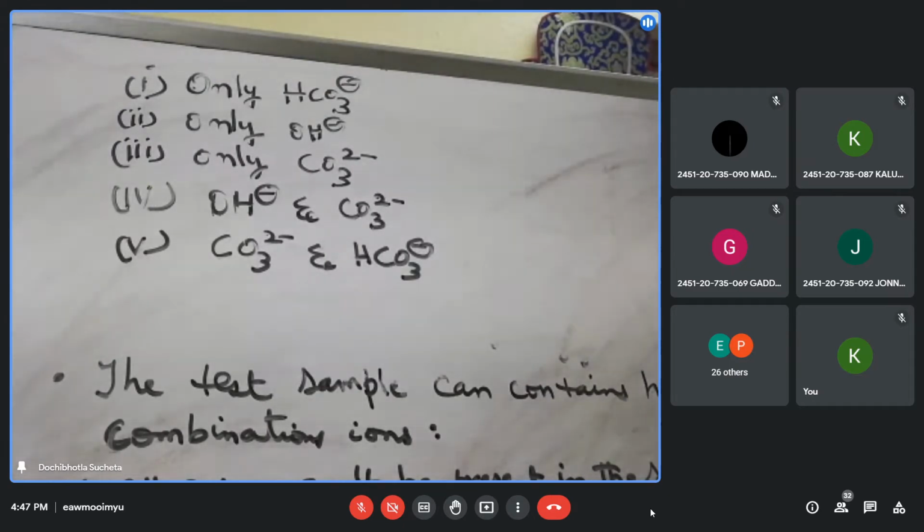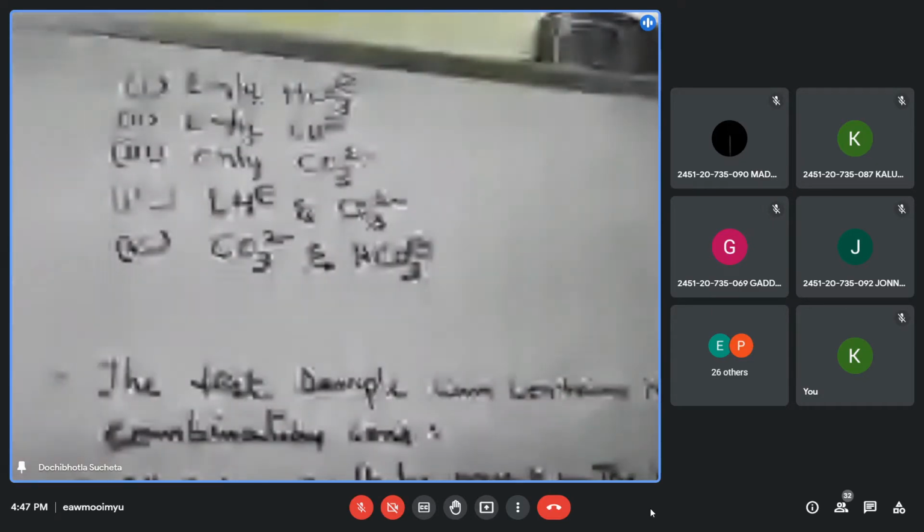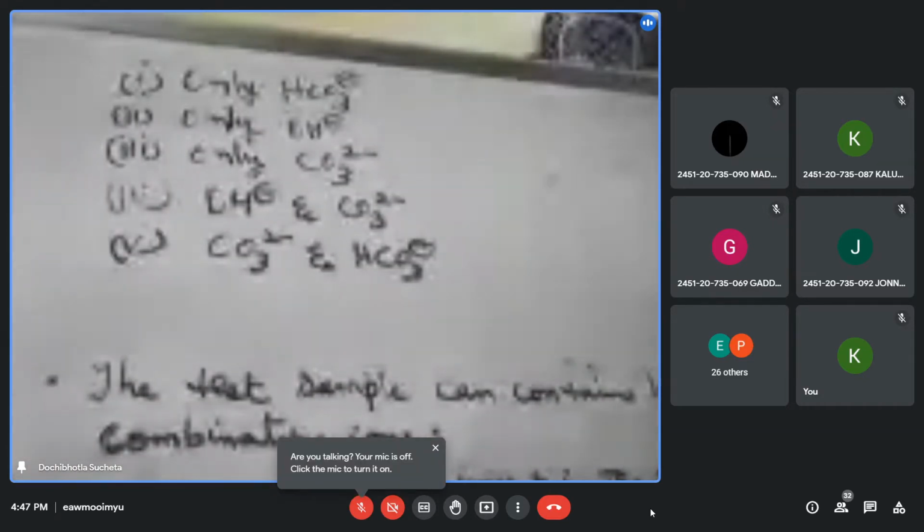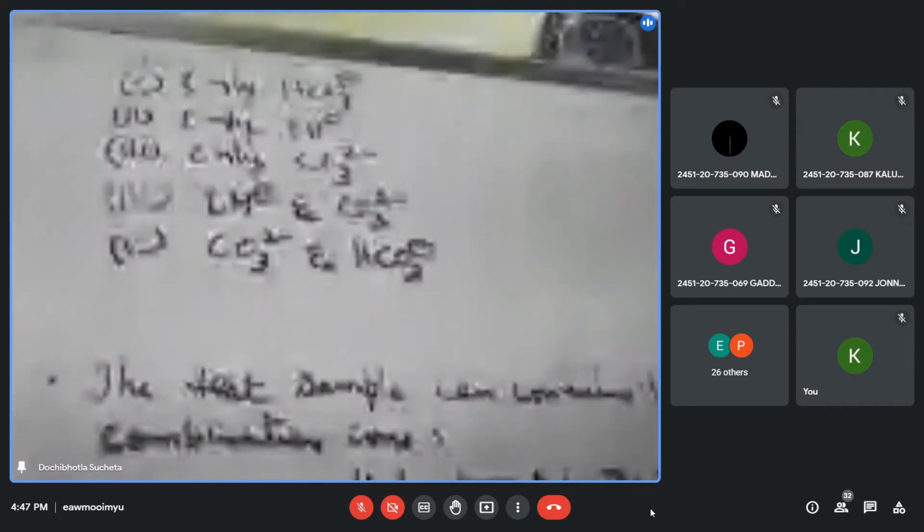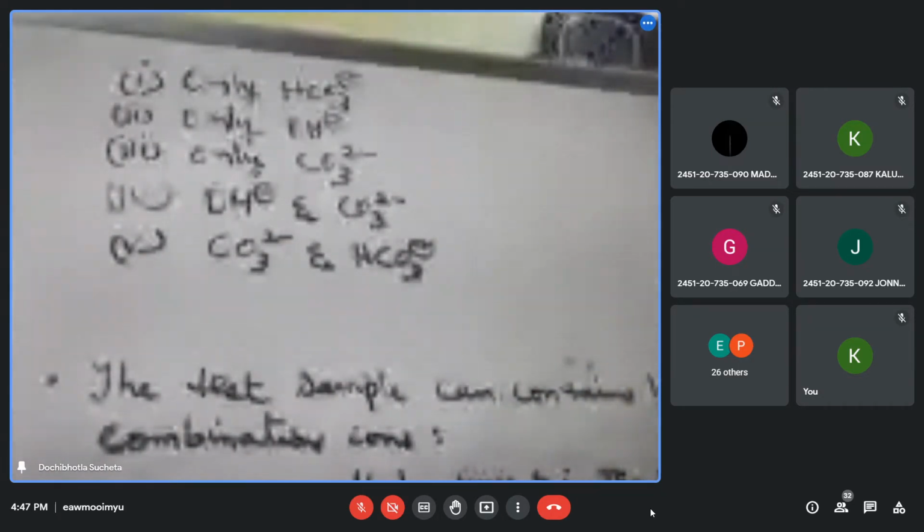I also understood that the reason I'm using two indicators is that I have to identify the concentration of these ions individually. So what I know is that methyl orange is one indicator which can find the concentration of all the three anions, that is OH minus, carbonate and bicarbonate.